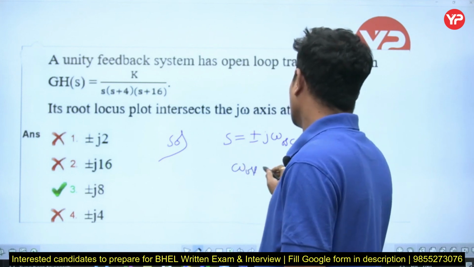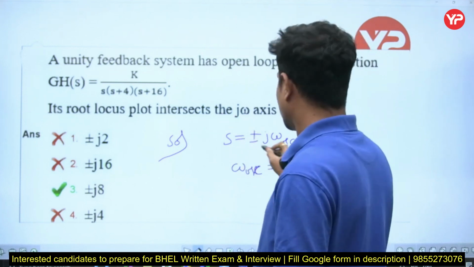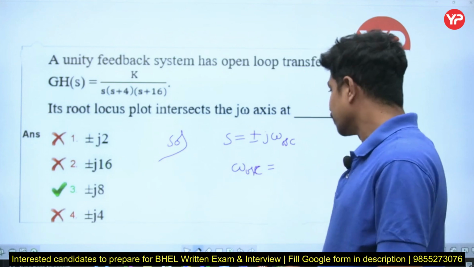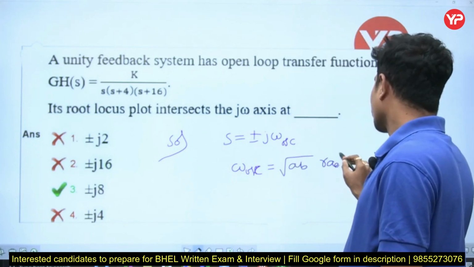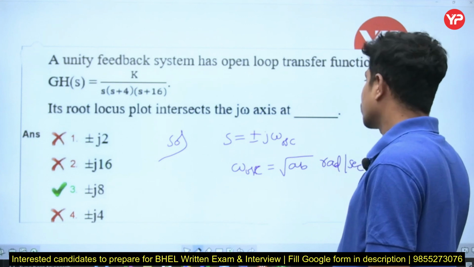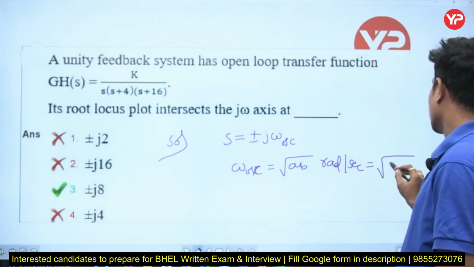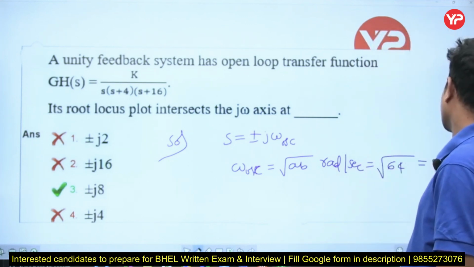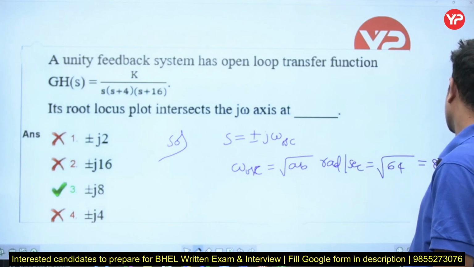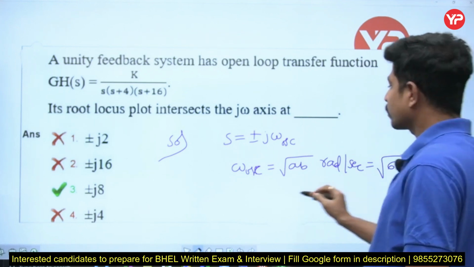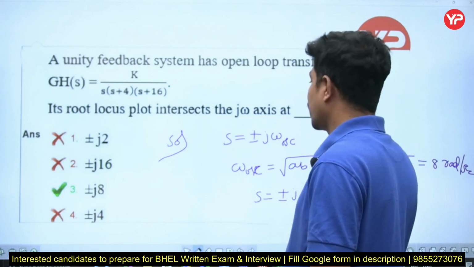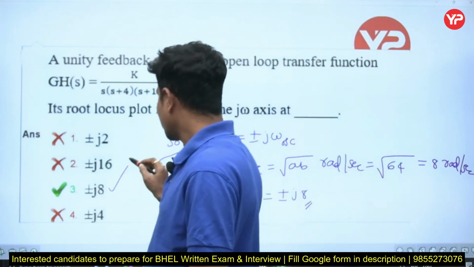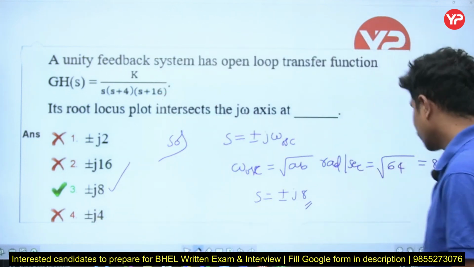Previously we learned that for this kind of structure, K by s into s plus a into s plus b, omega oscillations is root AB radians per second. That is under root of 64, which is equal to 8 radians per second, that is s is equal to plus or minus j8. So s is equal to plus or minus j8. Option 3, right?